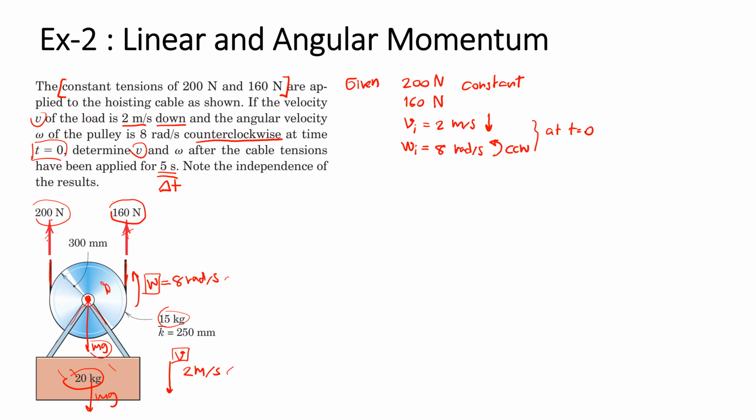The duration that we consider, delta t, equals t final minus t initial, equal to 5 seconds.